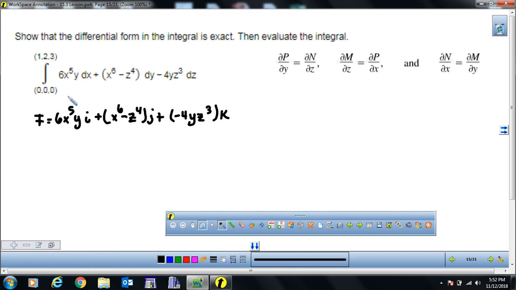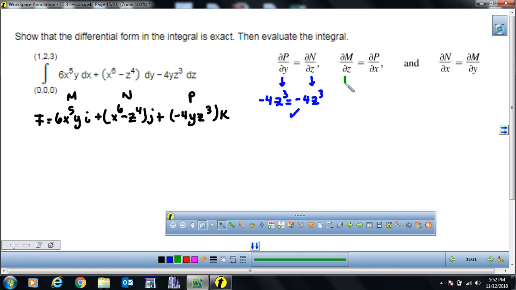Remember that this is M, this is N, and this is P. So we're going to get the derivative of the k component with respect to y. What is the derivative of this component with respect to y? Negative 4z to the 3rd. The derivative of the j component with respect to z would be negative 4 times z to the 3rd. And you can see that these two are the same.